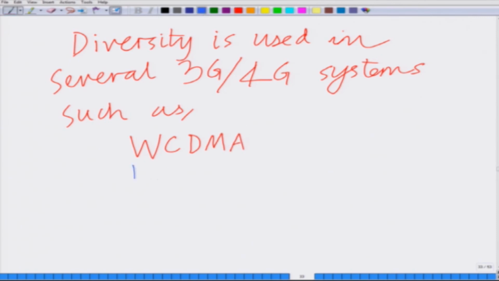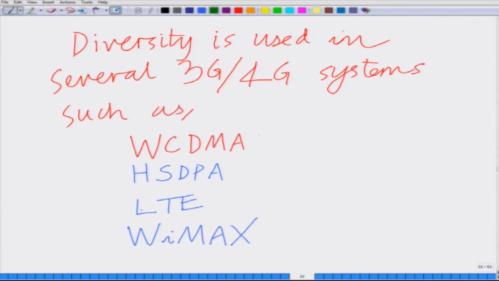It is used in HSDPA, high speed downlink packet access. It is used in LTE, long term evolution, and it is used in the WiMAX standard. As we have seen, these two are 3G standards and these two are 4G standards.